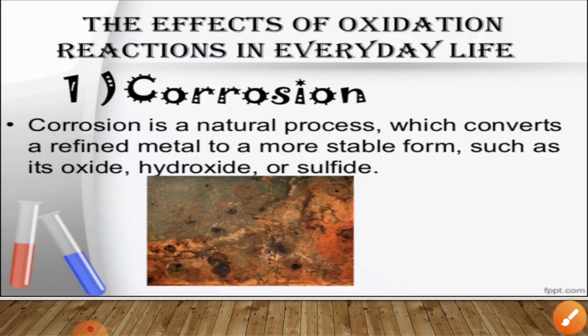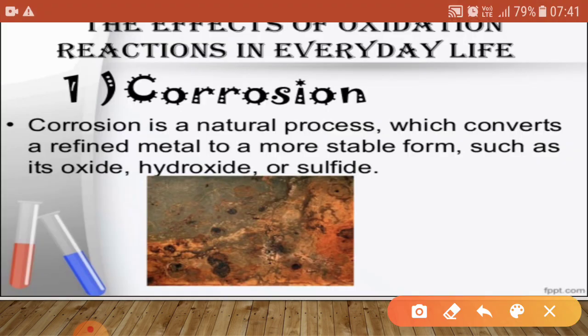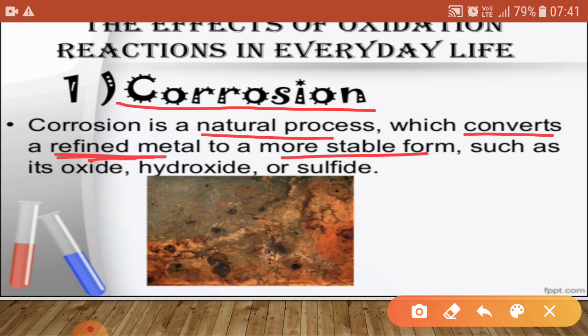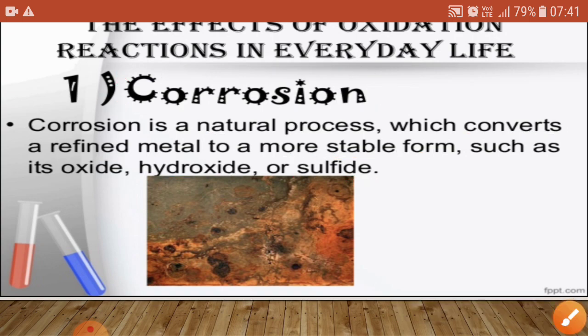Now the last topic of this chapter is corrosion. Corrosion is a natural process which converts refined metal to a more stable form such as oxides, hydroxides or sulfides. Basically, moisture is the most important condition for corrosion.